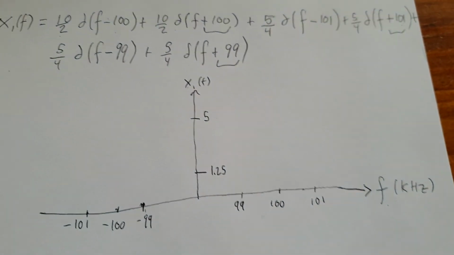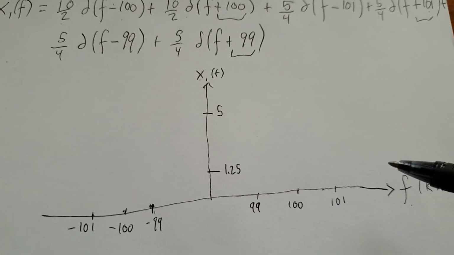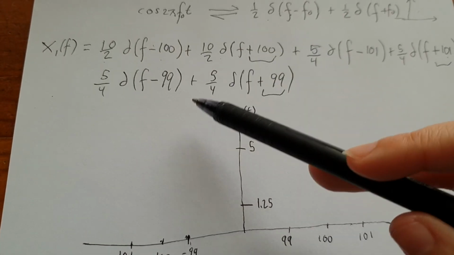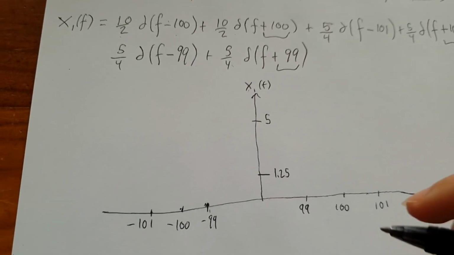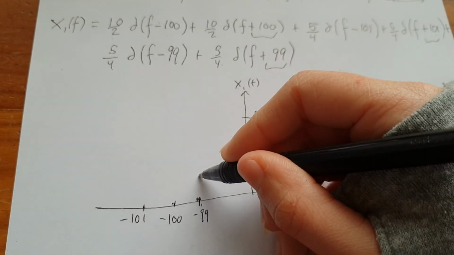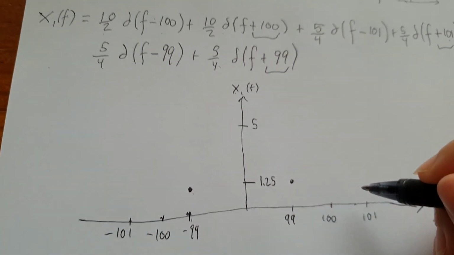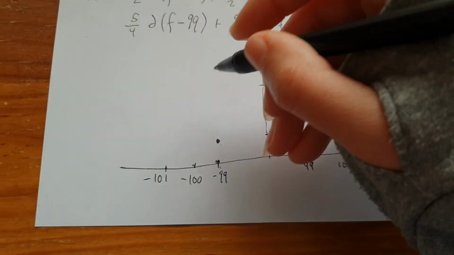Okay, now this is the easy part. We can just draw the spectra at the height which their coefficients represent. So for our 99s, they're all at 5/4. For our 100s, they're both at 5, or 10 on 2.